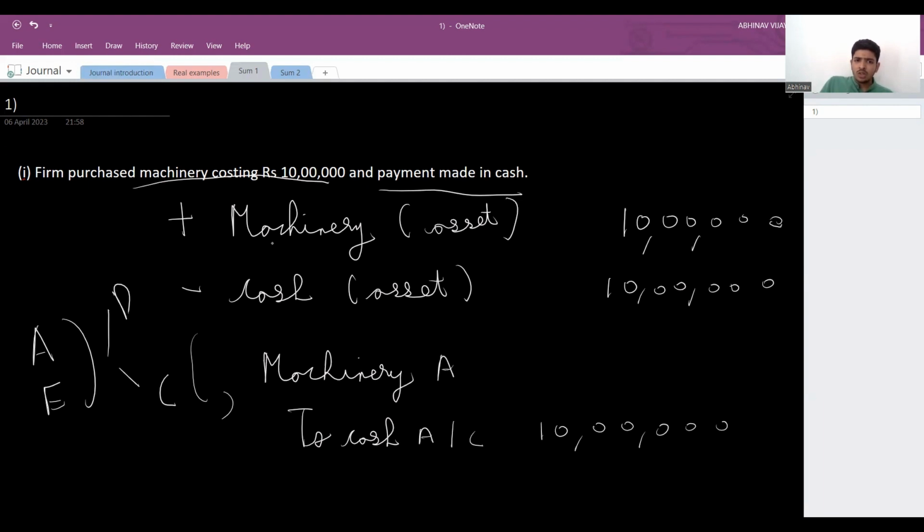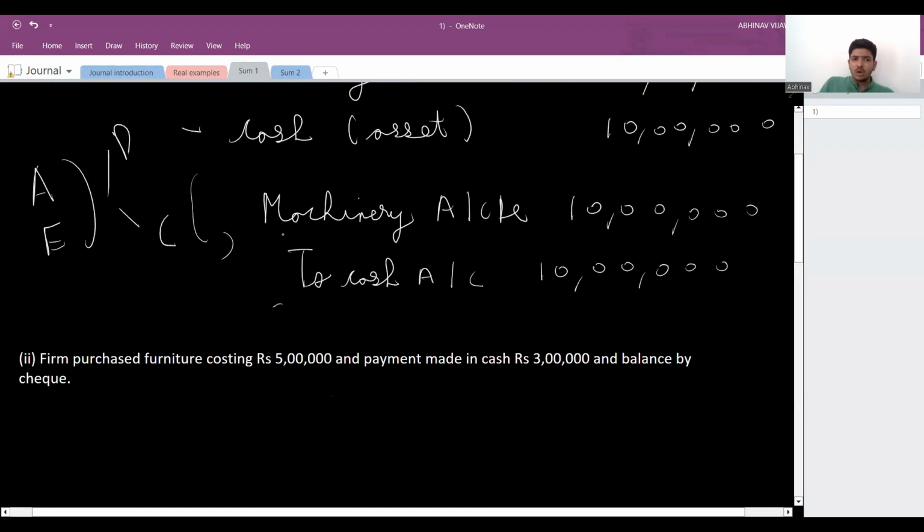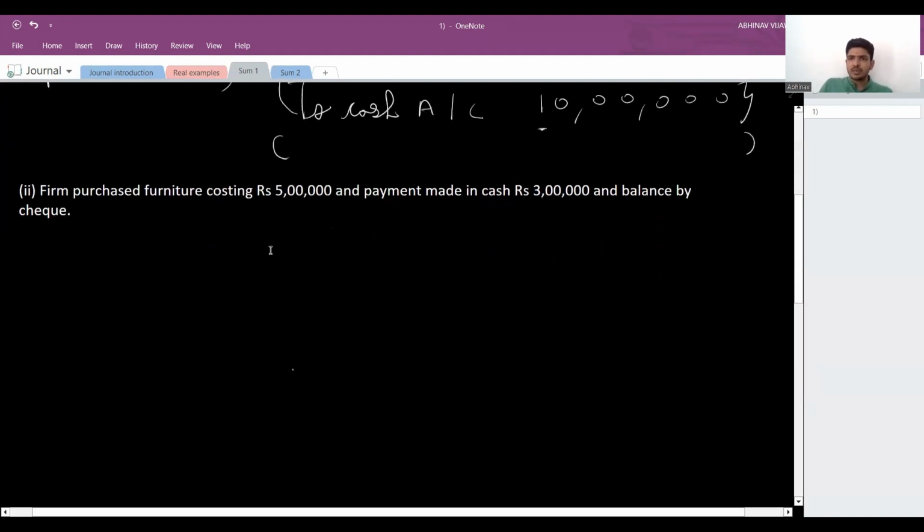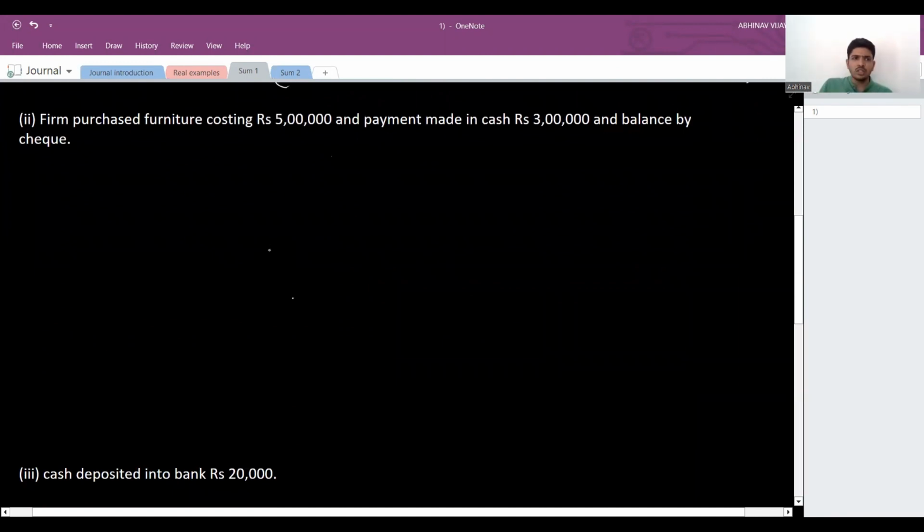Machinery account debited because it has increased by 10 lakh rupees. Now narration, you write whatever you want. Now just double entry system checking. Both sides are equal. In net impact, 10 lakh rupees gets reduced in the business. The reason is machinery purchase.